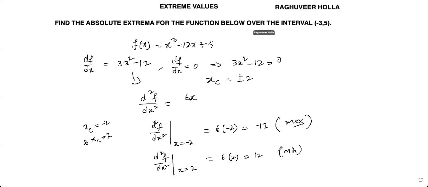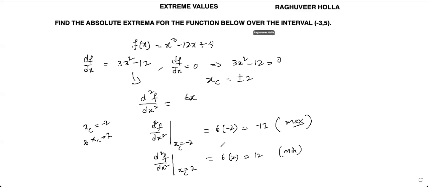So there is a relative maximum for x as minus 2, where we got the second derivative as negative, and a relative minimum at x as 2, where we got the second derivative as positive.